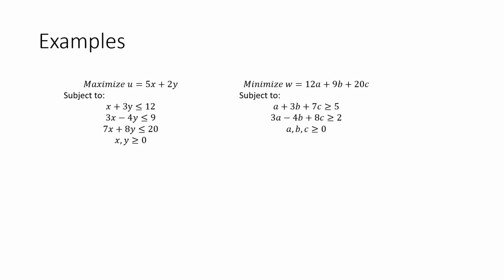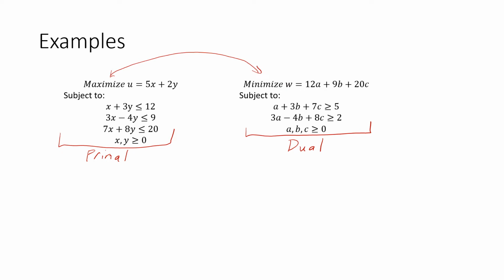So here's an example. This is a linear program and its dual. If we take the one on the left as the original one, we'll call that the primal linear program. The one on the right is called the dual. Notice that we change maximize to minimize.